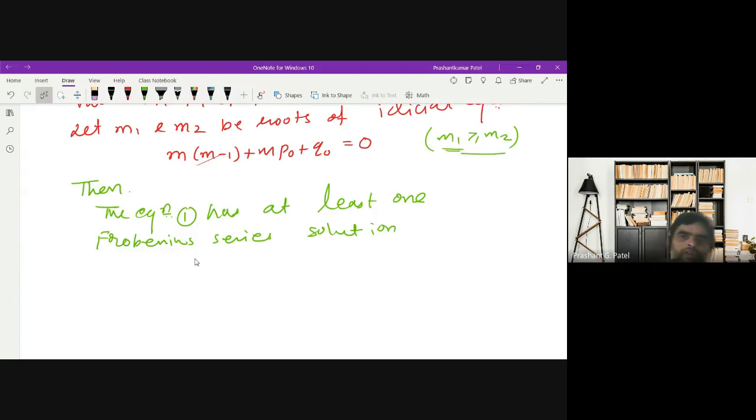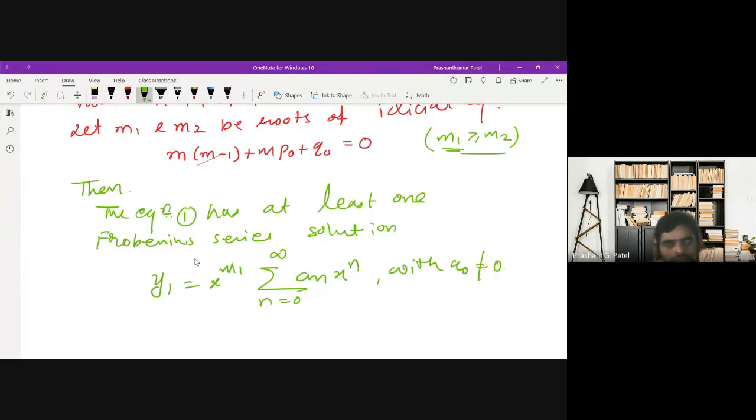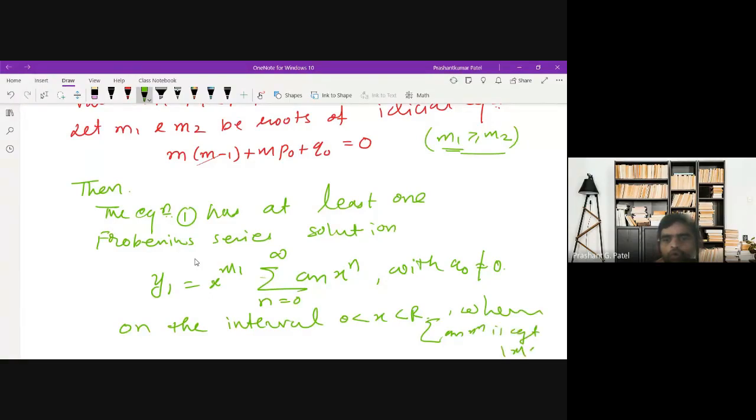So for the bigger value we will have the solution to the equation that we are doing, with a0 non-zero, on the interval 0 to r, where the summation a_n x power n is convergent for mod of x less than r.